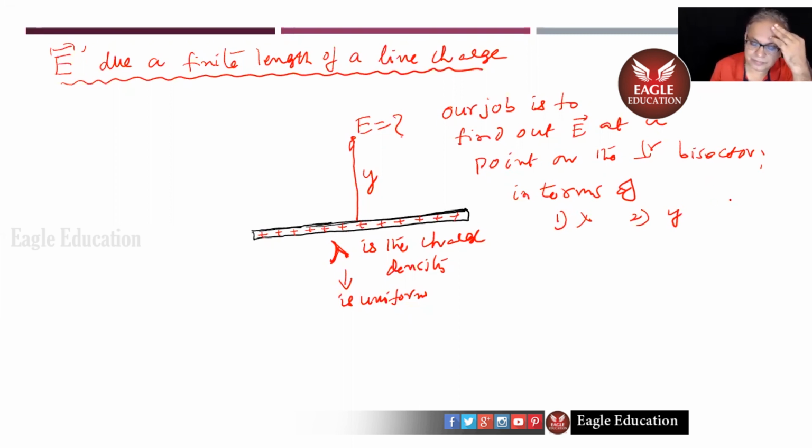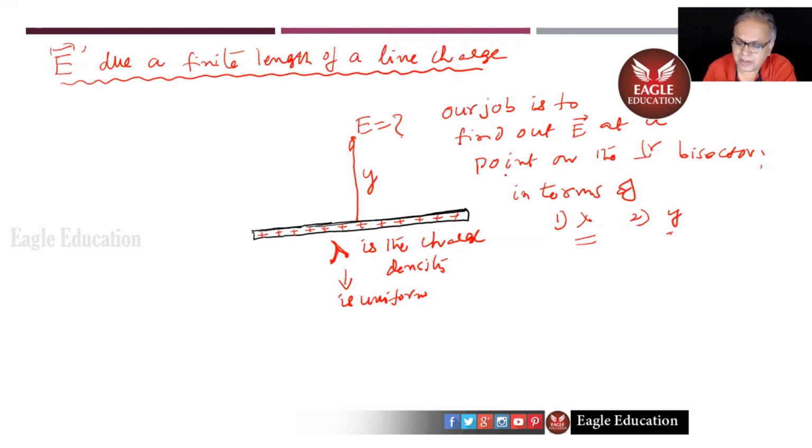This lambda and y only must be there in the formula. Some constants will come, that we need not bother. Whatever constants will come, 4 pi epsilon naught, all that will come on their own. So I want to get my formula for E in terms of lambda and y. This y distance is the perpendicular distance, lambda is the charge density.